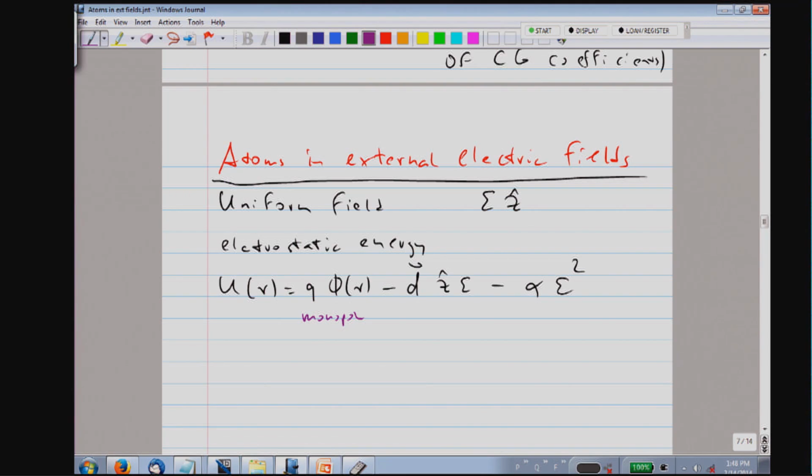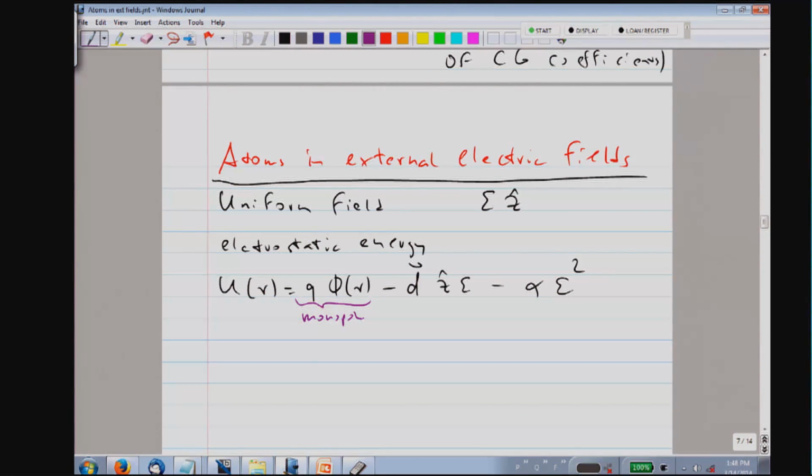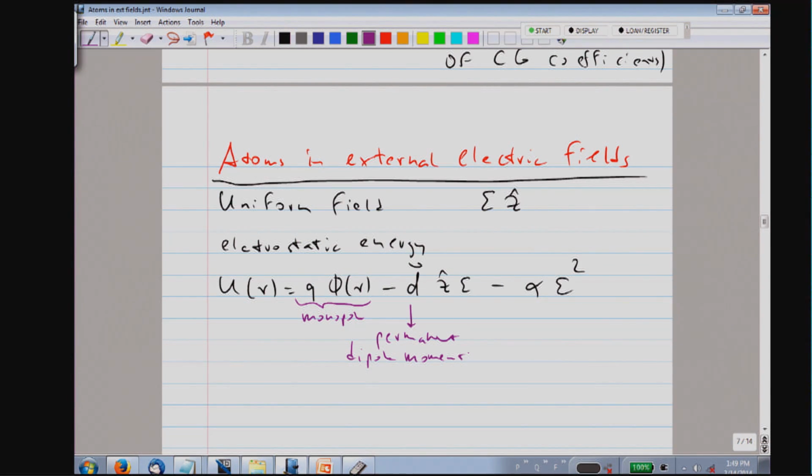So the atom itself is a neutral atom, so there is no monopole term. The linear term in the electric field would correspond to a permanent dipole moment. And I will remind you in a moment that this is 0.